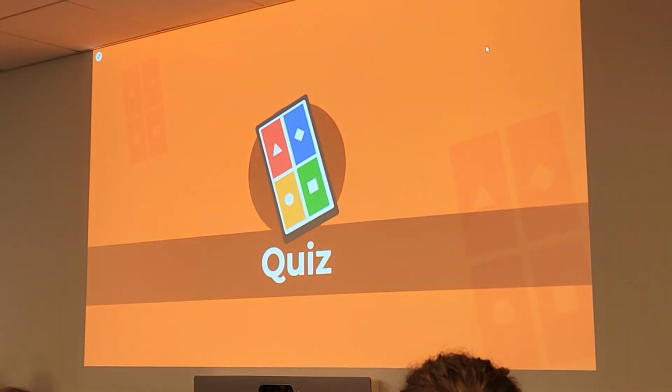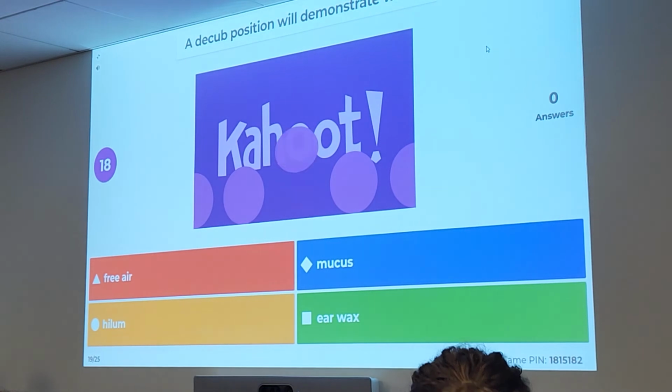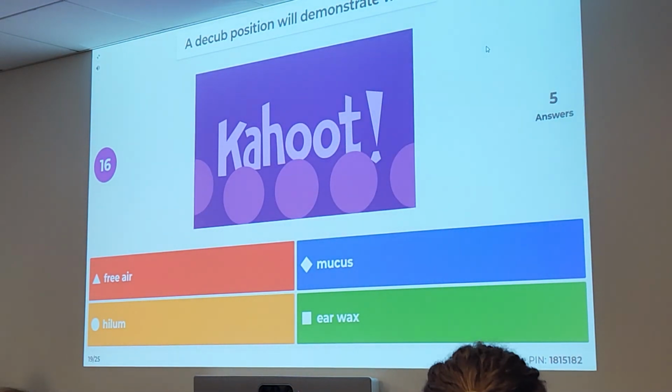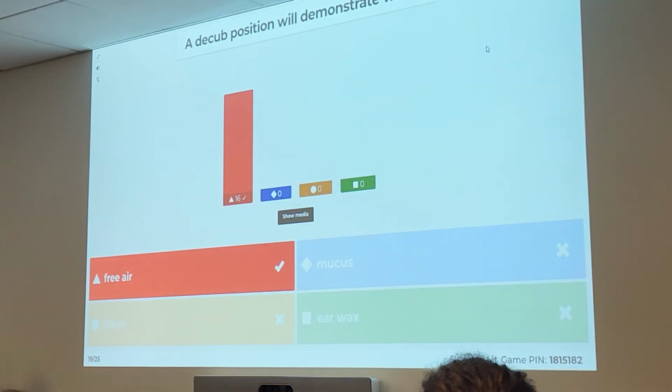Alright, last few questions here. A decubitus position will demonstrate what? Free air. Yeah, we all got that right.